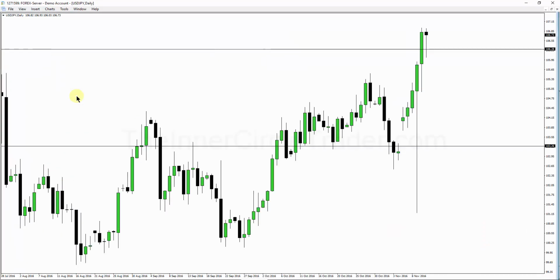You can see the body of this down candle. It's larger than this one here. So this is the beginning of the bullish order block. It's here, and the mean threshold of this down candle would be about right here. And it's not even challenged at all, even on the election knee-jerk reaction.